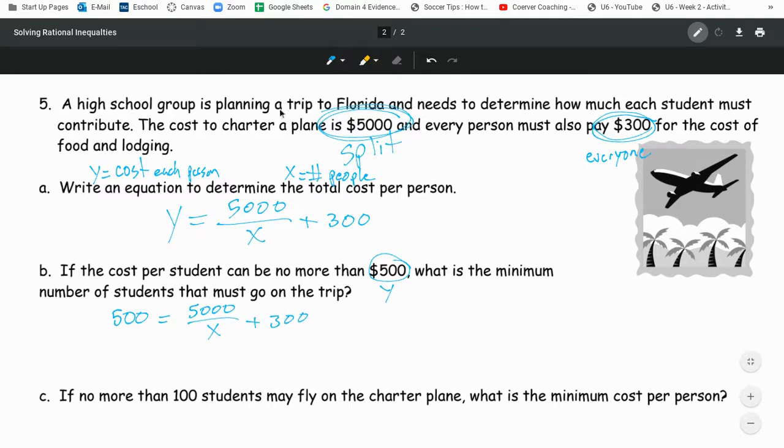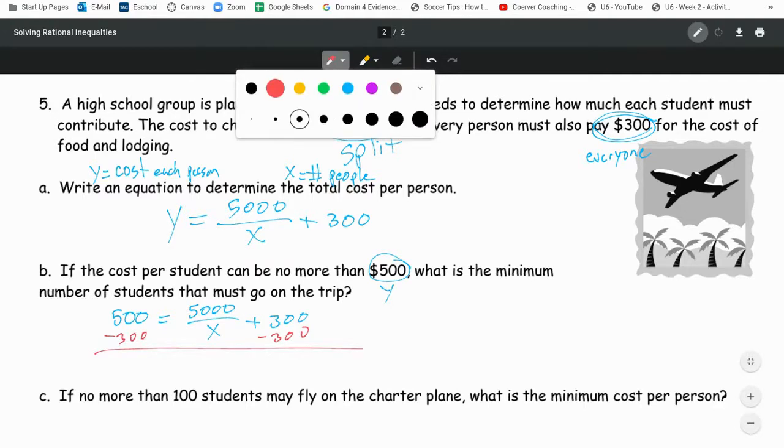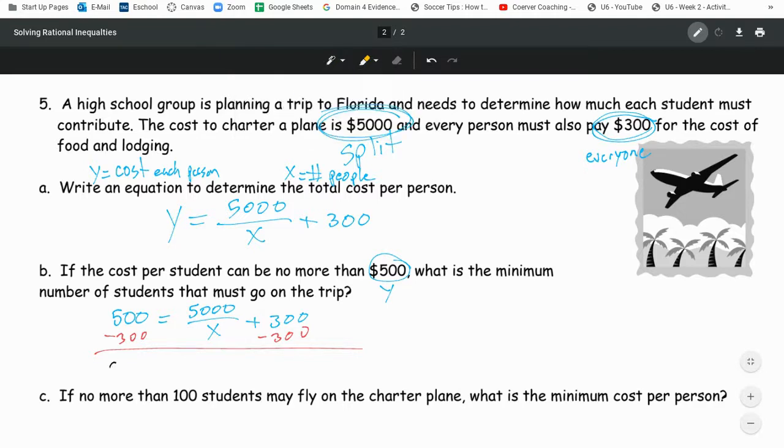So when I solve this equation, I need to subtract 300 from both sides. That leaves me with 500, oh, not 500, sorry.